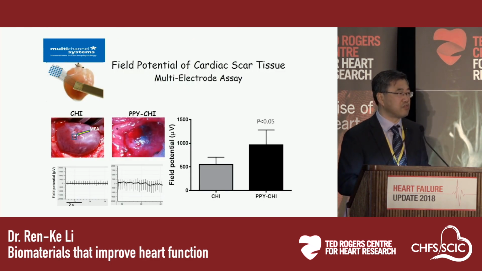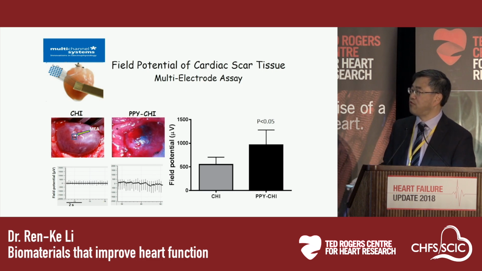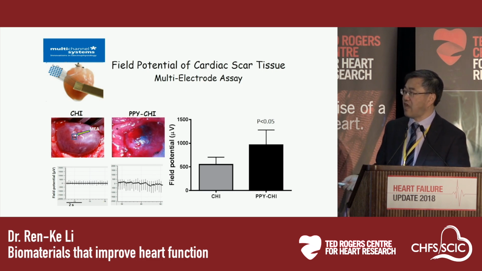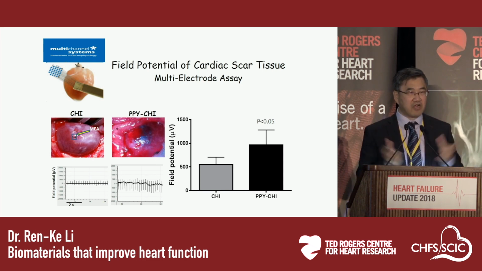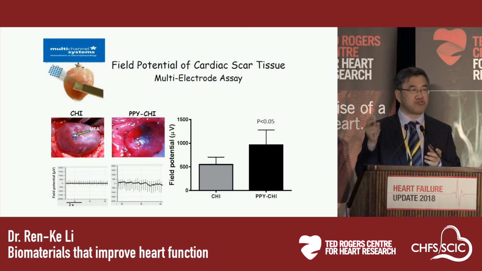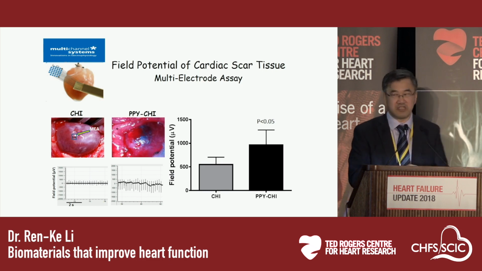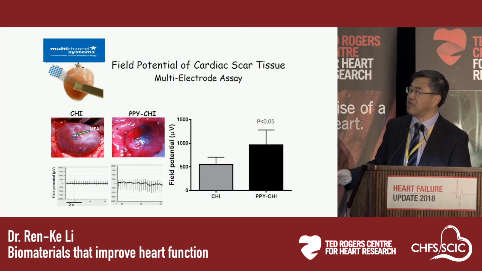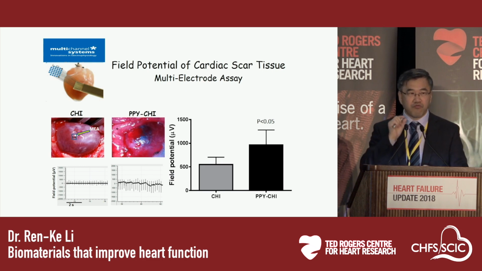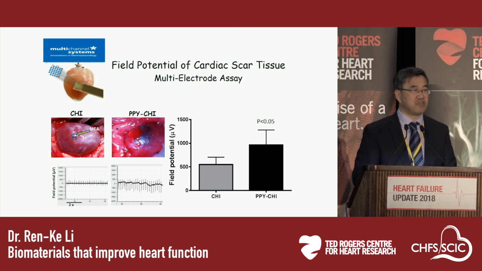So first we want to know about the action potential or field potential in this area. We know that with every heartbeat, the current passes through, and you can use a sensor to sense the action potential of each field. But when we put the MEA onto the scar tissue, we can sense very low voltage on the surface of the scar tissue.